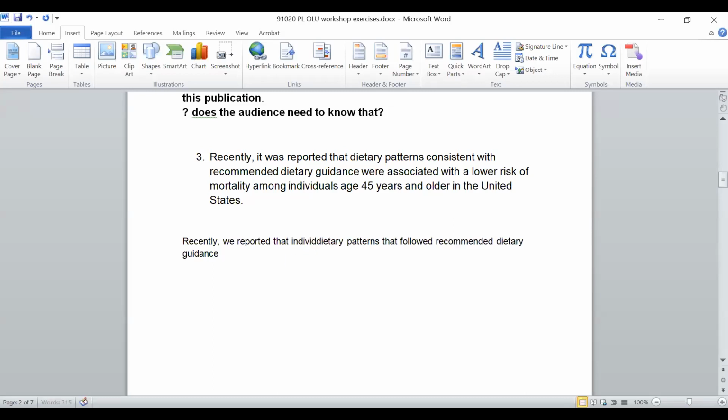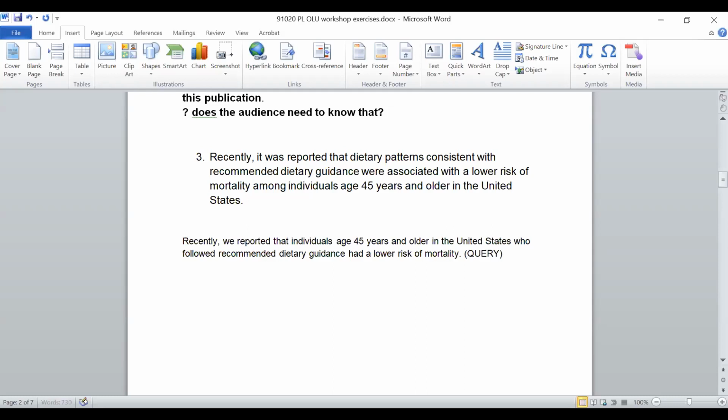Individuals age 45 years and older in the United States who followed. I'd look at this. This might be wrong, but this is what I'm getting from this. We reported that individuals aged 45 years and older in the United States who followed recommended dietary guidance had a lower risk of mortality.